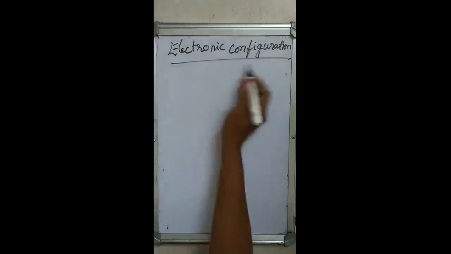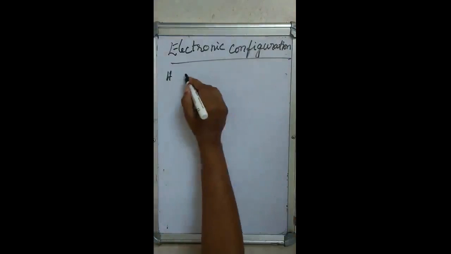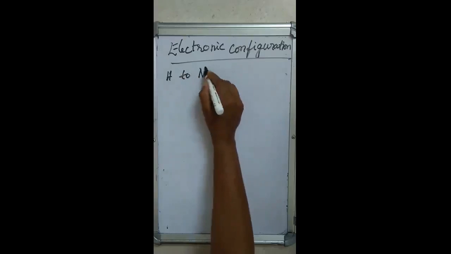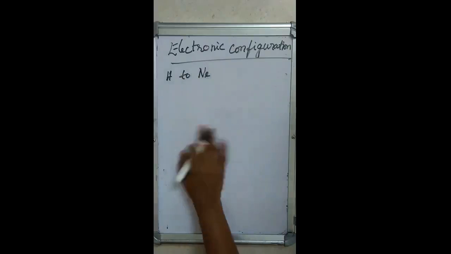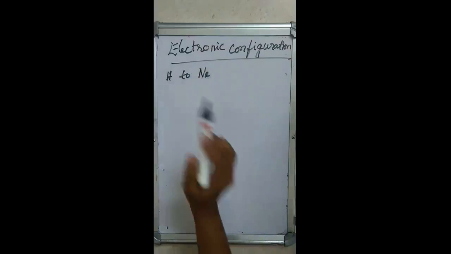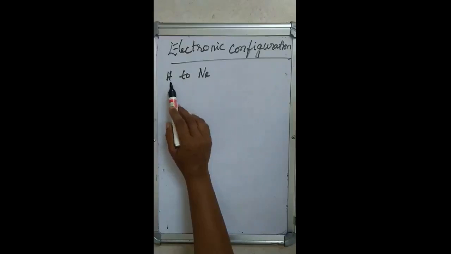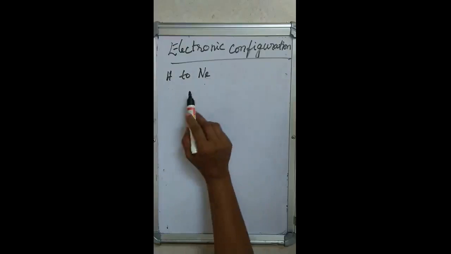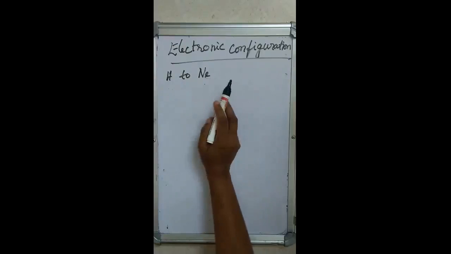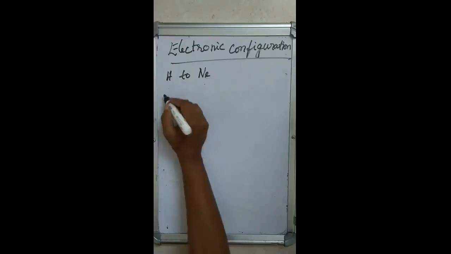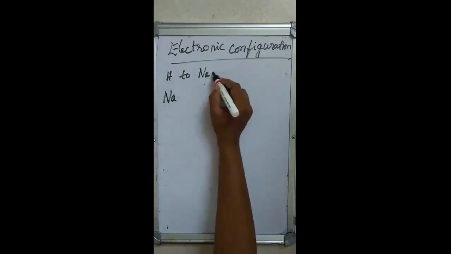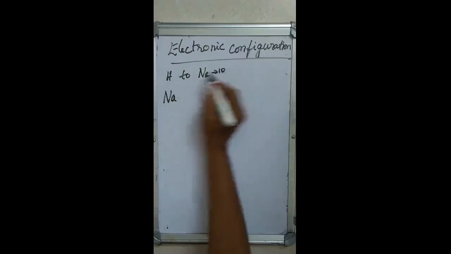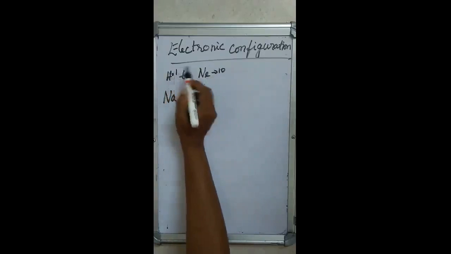From hydrogen to neon I already explained while explaining Hund's rule, the filling of electrons. Now from sodium onwards I will explain. Atomic number of neon is 10.